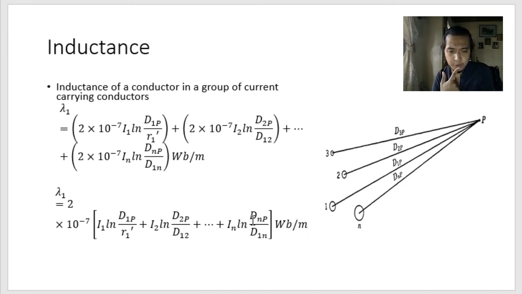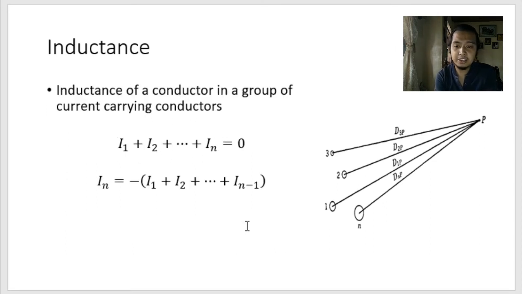Now, you cannot divide this by I1 specifically because I1, I2, and IN are not necessarily equal. That's all there is to it. They are not equal. However, in a three-phase system, these currents will sum to 0.